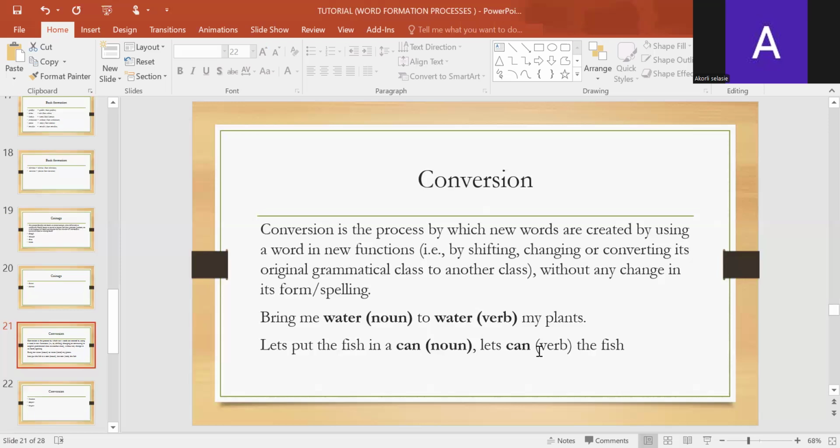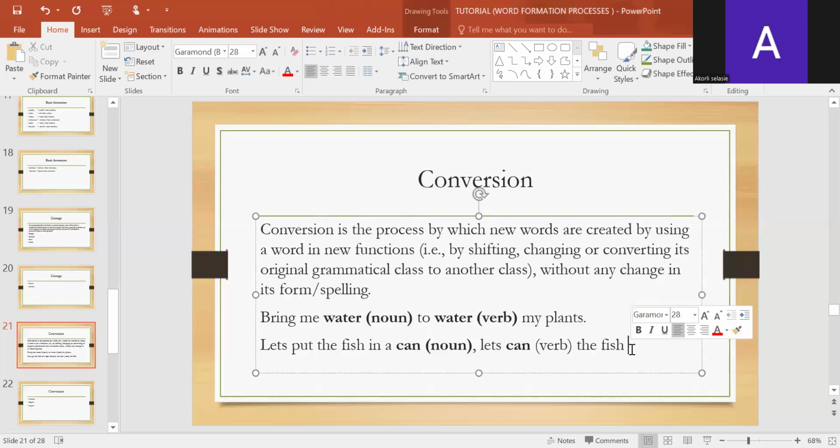It's possible to even have a noun functioning as an adjective. For example, let's take something like car. Car is a noun. But then we can also use it. Well, let's buy a new car door. A new car door.